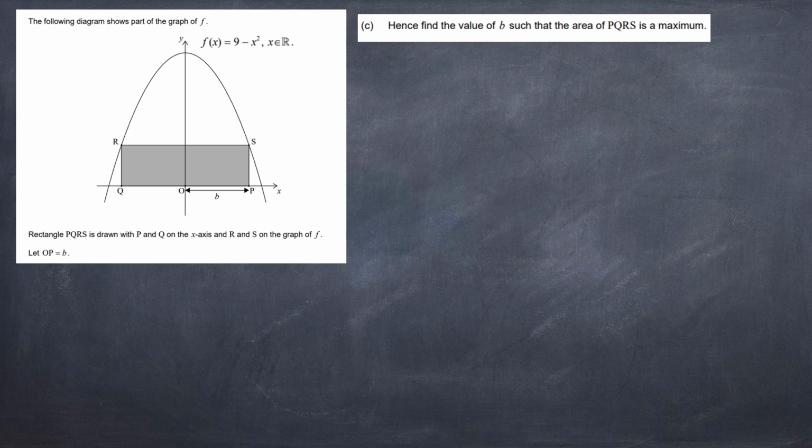The area we have found out is 18b minus 2b cubed. Now, to find the maximum, we need the extreme points, or the critical points, of this function. So we can write it as A of b, because the independent variable is b. So A of b is equal to 18b minus 2b cubed.